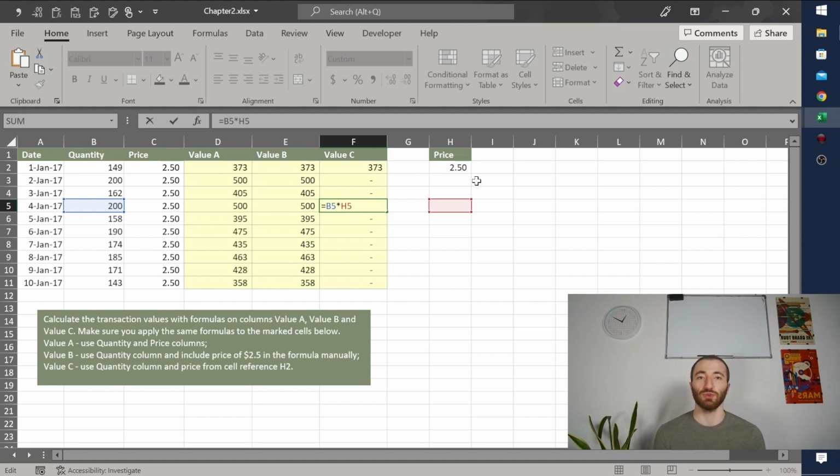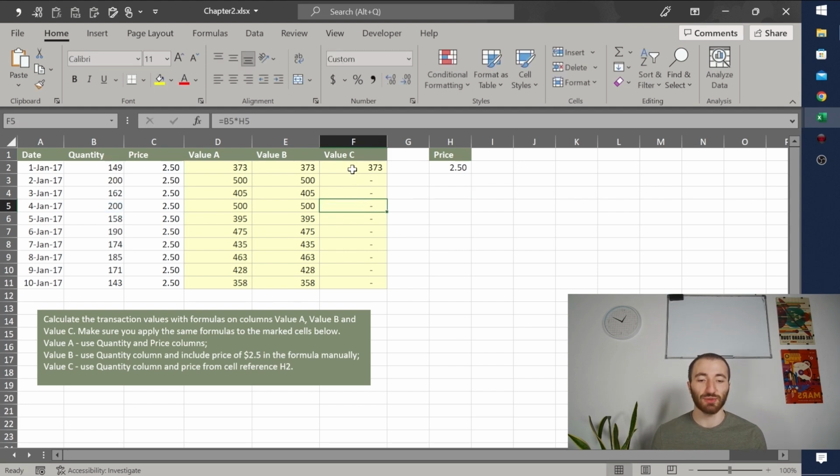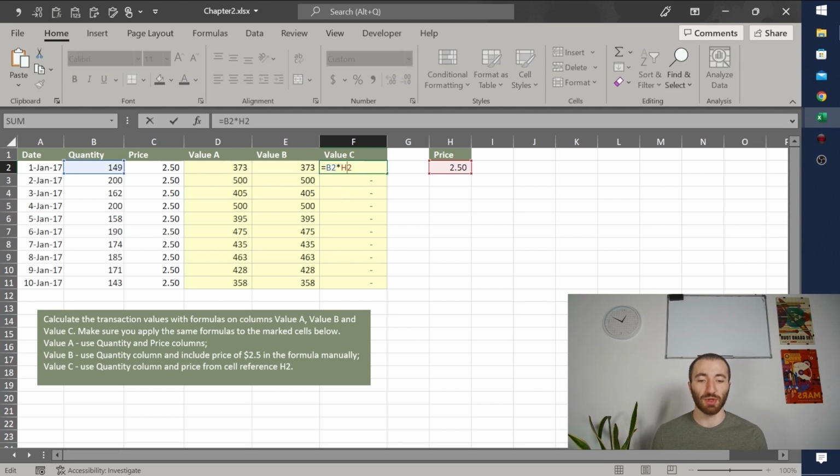So let's get back to our original formula. Let's open it where we have B2 multiplied by H2. And in order to tell Excel to not push down this reference when filling down the formula, we need to write here a dollar sign.